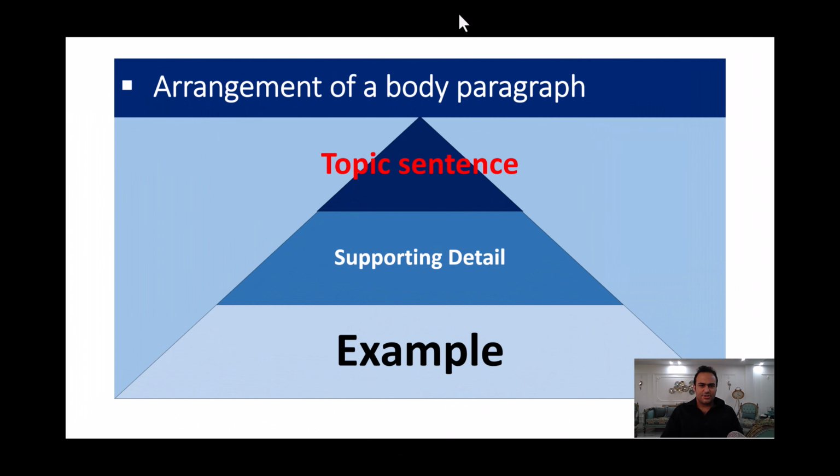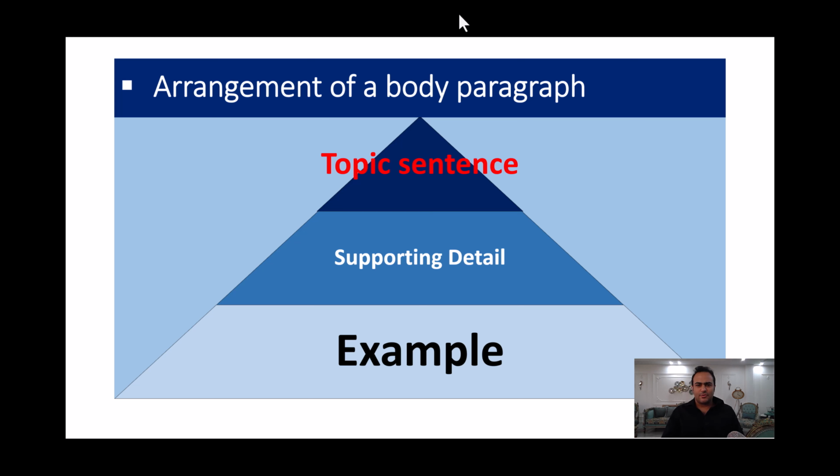After writing the introduction, we need to write at least 2 body paragraphs. A body paragraph needs 3 important layers or parts. The first one is the topic sentence of the paragraph. Topic sentence is a general statement that introduces what the paragraph is going to discuss.